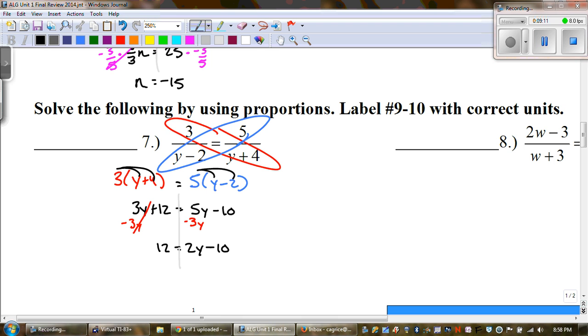Okay, so, gotta think right here. Sorry, guys. Add 10 to both sides. I had a brain fart. And we get 22 equals 2y. To get the y all by itself, we have to divide by 2. And then 22 divided by 2 is 11. So we get 11 as our answer.